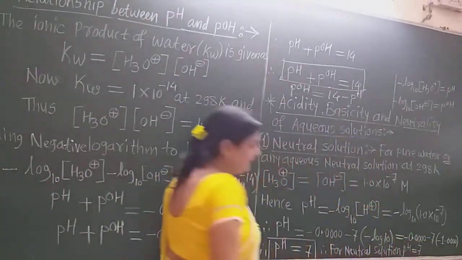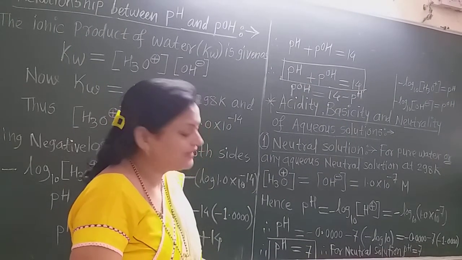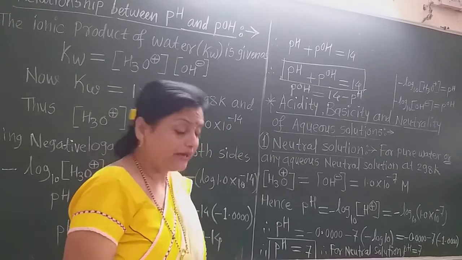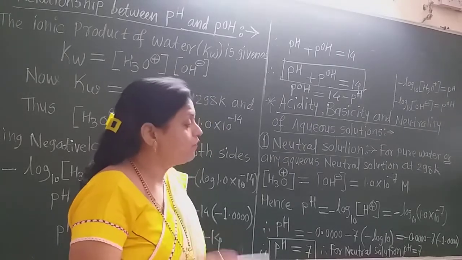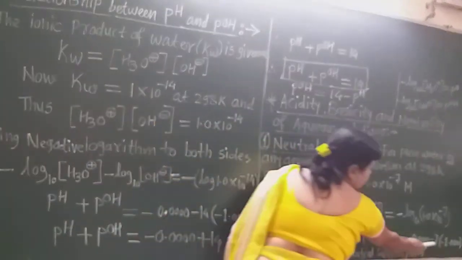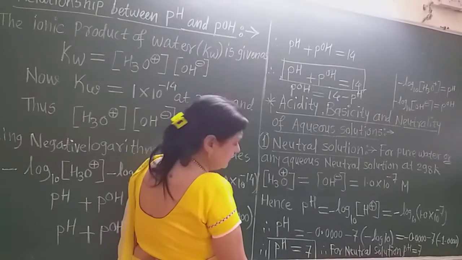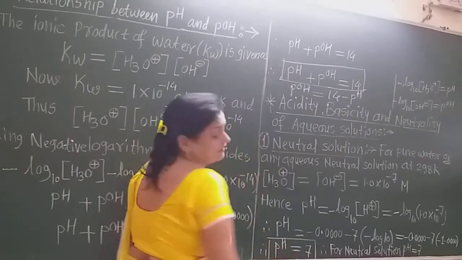Therefore here I write: minus 0.000 minus 7 into bracket minus 1.000. Now minus 7 into minus 1 becomes plus 7, and therefore this pH is equal to 7.